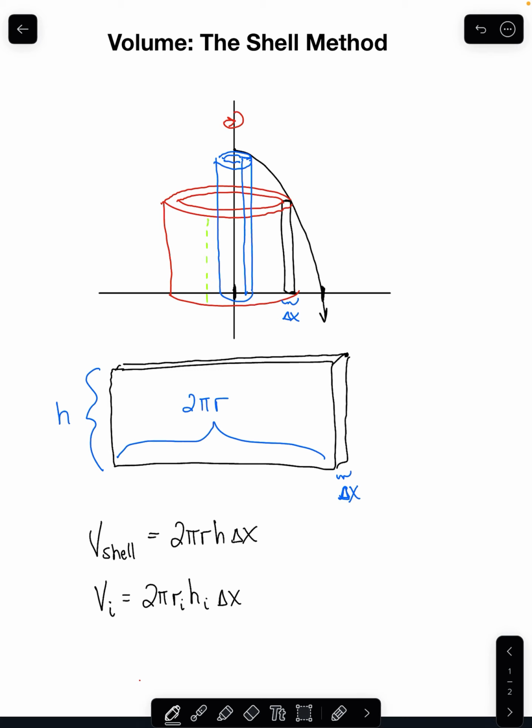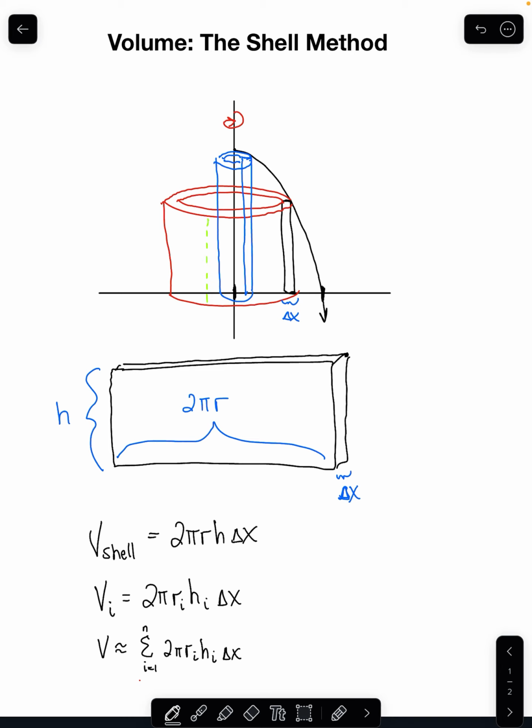In that case, the approximate volume of the entire three-dimensional object then is going to be the summation from i equals 1 to i equals n of 2 pi times r sub i times h sub i times delta x, where r sub i is the radius of the shell, which, assuming we're rotating around the vertical axis, should be equal to x sub i.